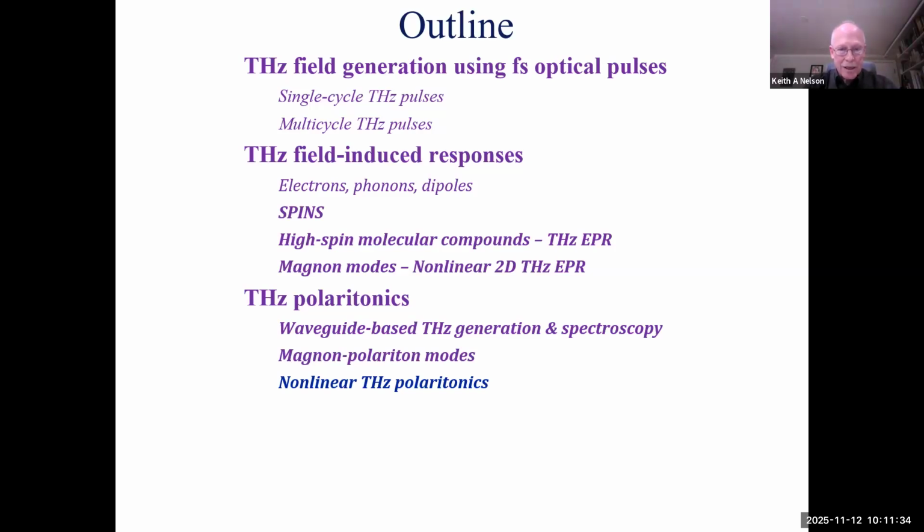Some of these features may be new to some of you, but I'll be fairly brief in summarizing some work that we do using terahertz fields to drive interesting electronic or lattice vibrational or other sorts of responses. I won't talk about dipoles, but that's molecular rotations in the gas phase. But then I'll go to spins and talk about how we can do terahertz EPR of high spin molecular compounds and magnon modes and collective spin waves.